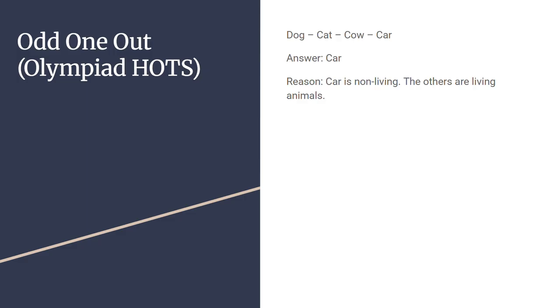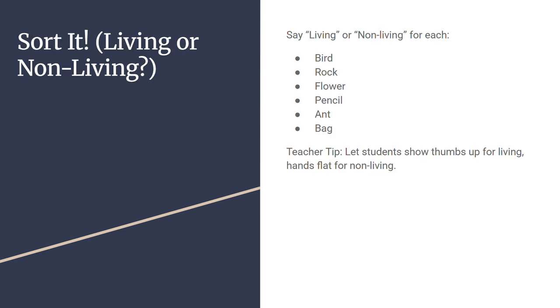Dog, cat, cow, car. In this, which one is the non-living thing? Dog is a living thing, cat is a living thing, cow is a living thing, but car is a non-living thing. Did you get the answer? So tell me which one is living or non-living? Bird, living thing.